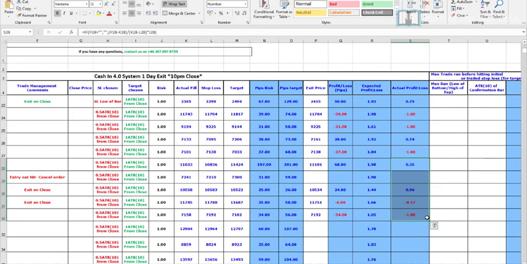So just to summarize, on the one-day exit for CI 4.0, we had 0.13% profit. And on the other one, we had 0.22% profit.